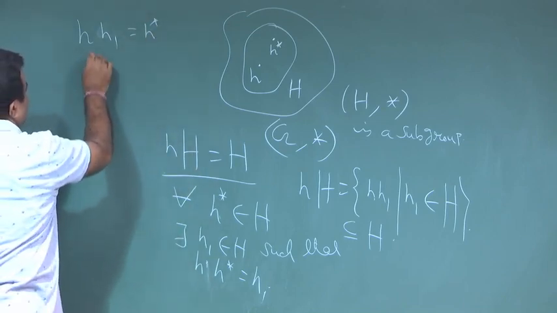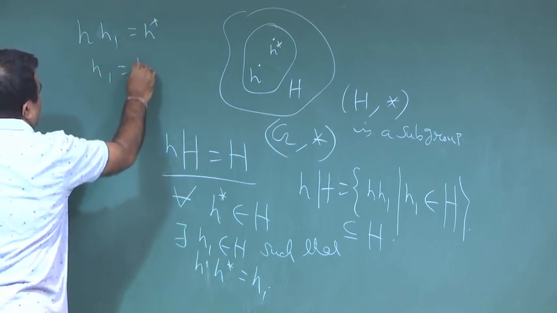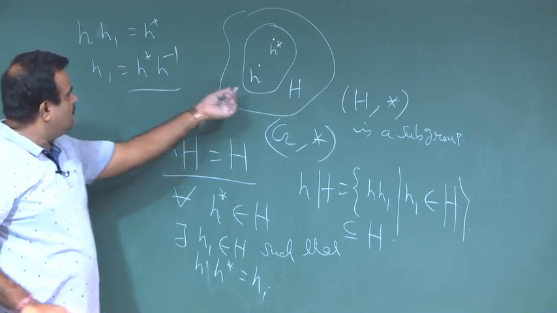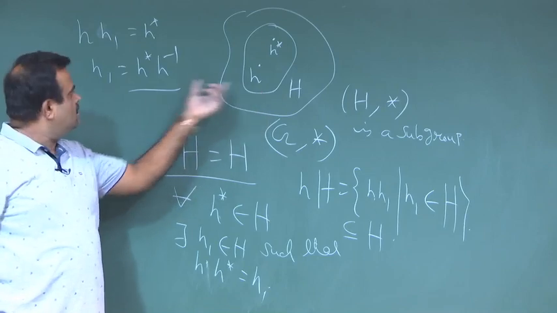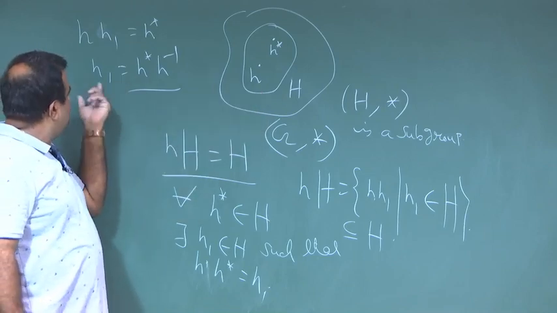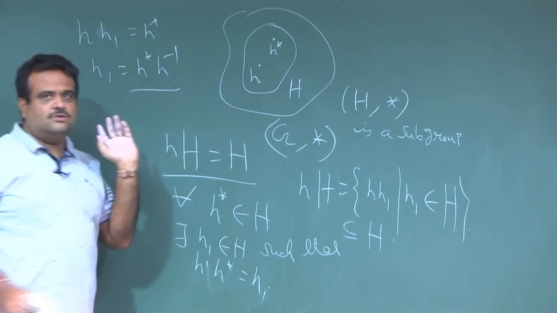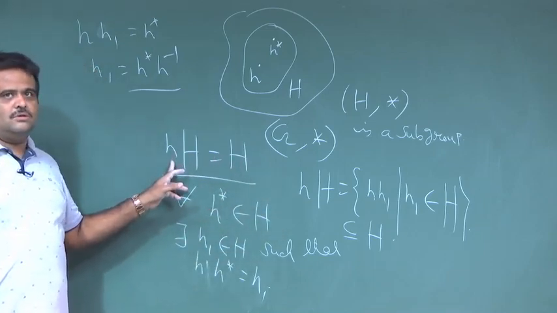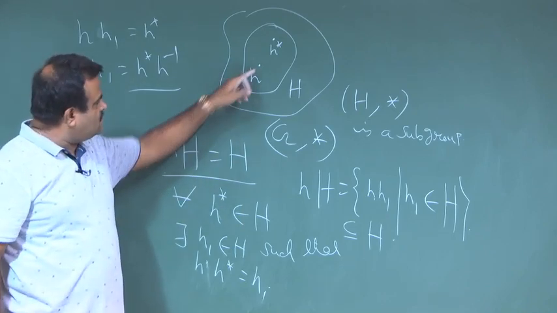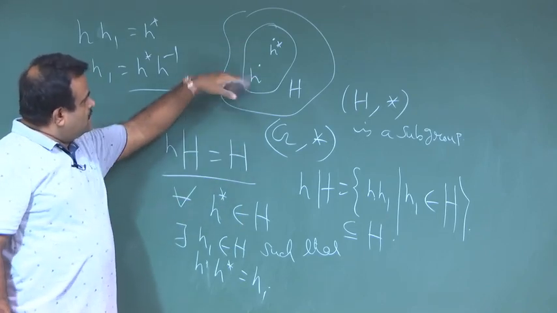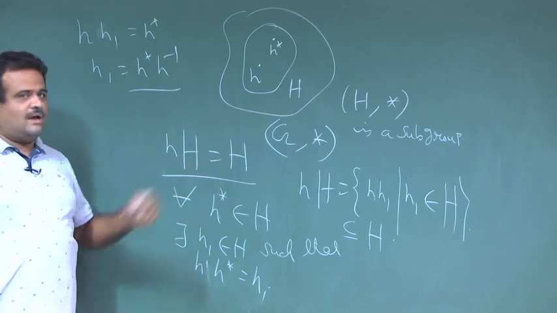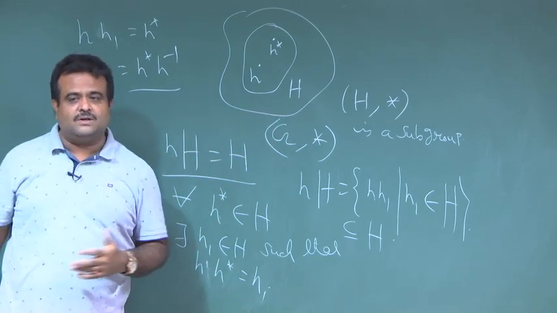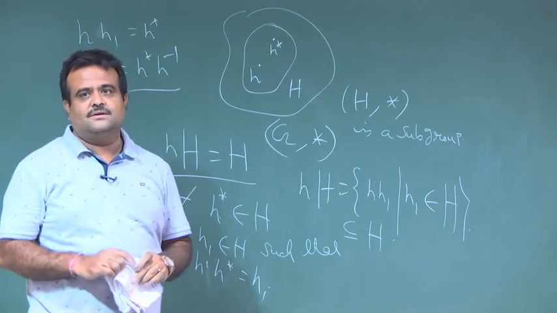That means h1 is nothing but A inverse h star, and that inverse exists here, because A is an element of H. So, this is the existence of such h1. That means this is a subset of this also. So, if you take the element from H, then this coset is the same as H. Now, if you take an element outside this, then what happens, we will see in the next class. Thank you.